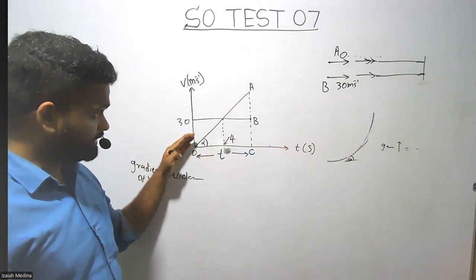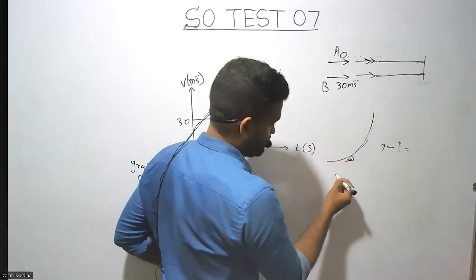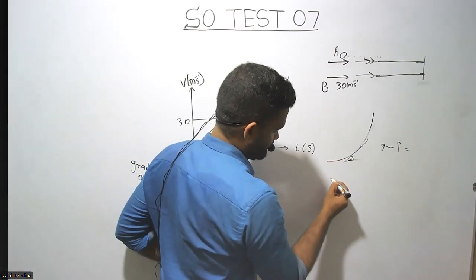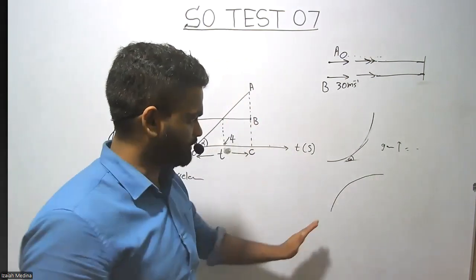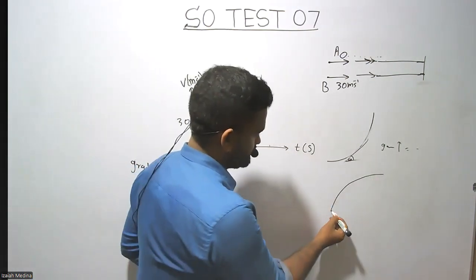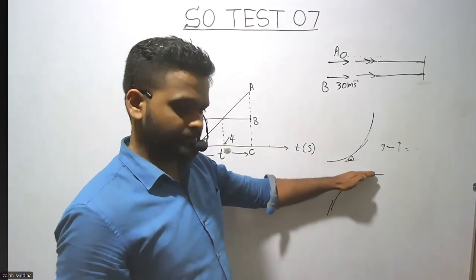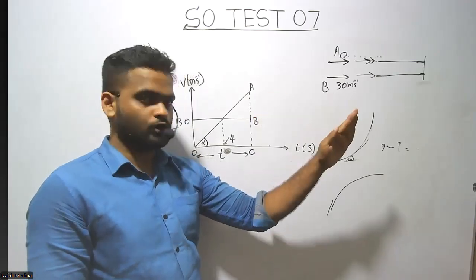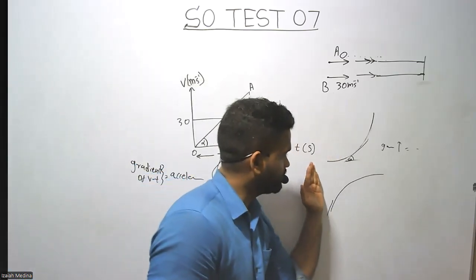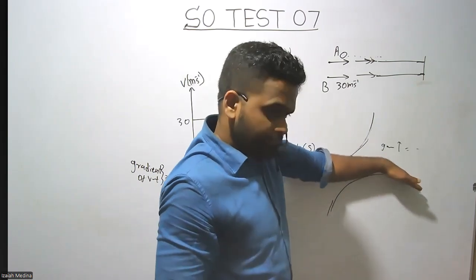Then I'll explain gradient decreasing as well. Let's say like this. What happens now? Just draw a tangent. The gradient is lowering, right? Just think about it like the slope of a mountain. So when you go along this line, that slope is decreasing.